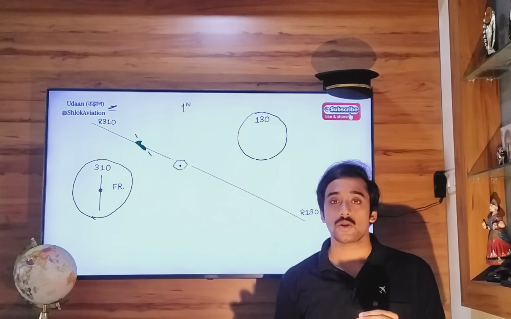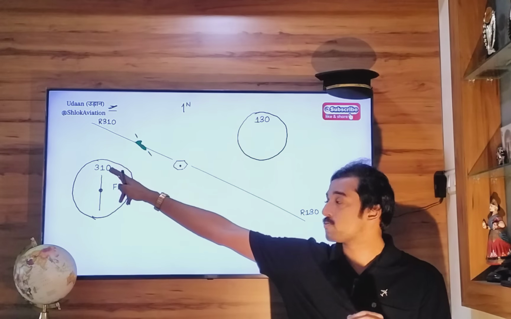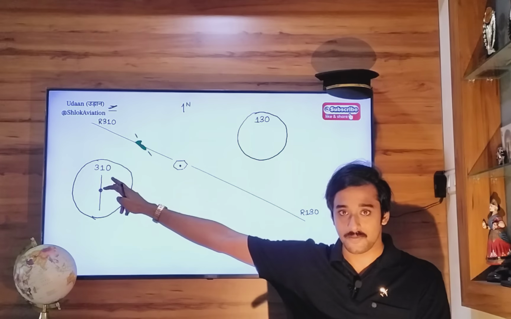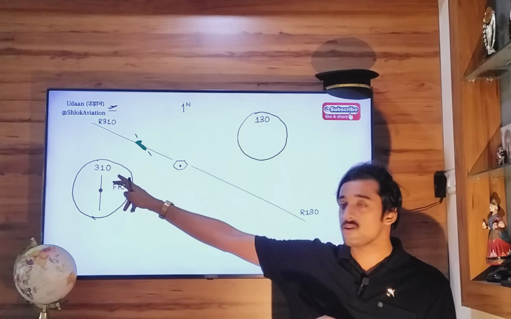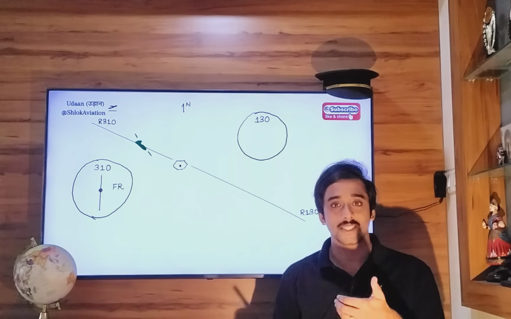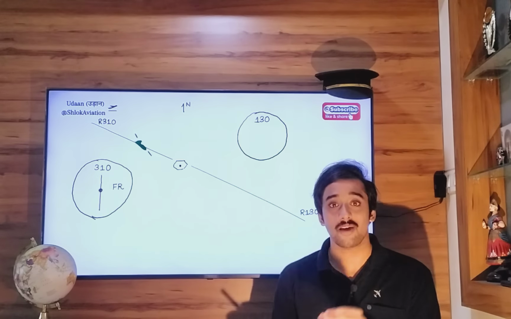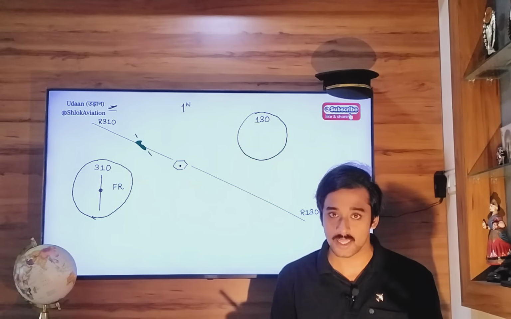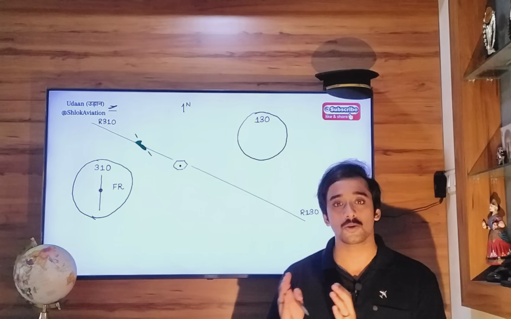The VOR station only takes or gives outputs depending on what inputs you put in the OBS selector. So since aircraft is to the northwest of VOR, you put 310. That means the VOR equipment interprets that information as you being on radial 310, and when you are flying a particular radial, 310 or whatever radial, you are expected to fly outbound.